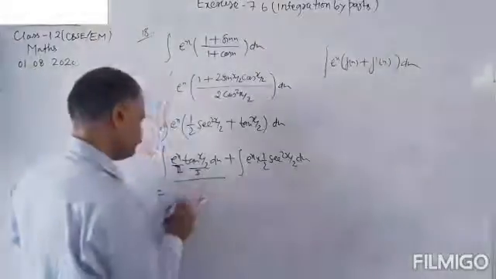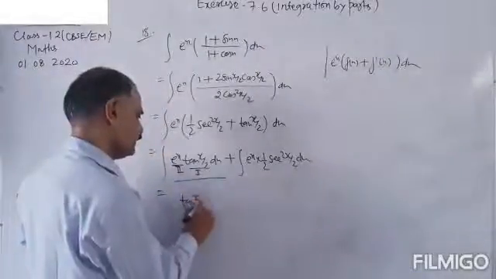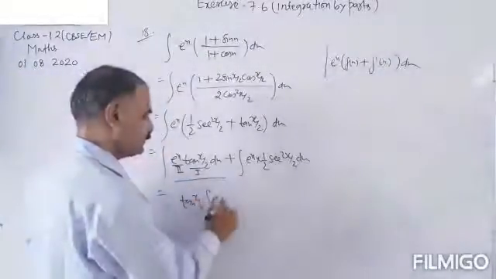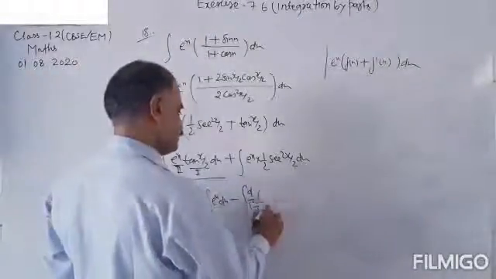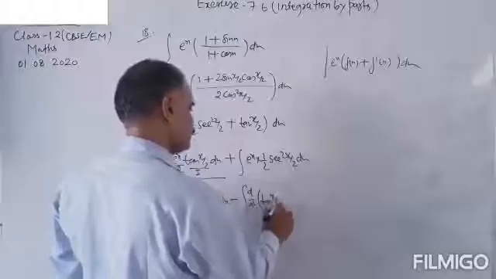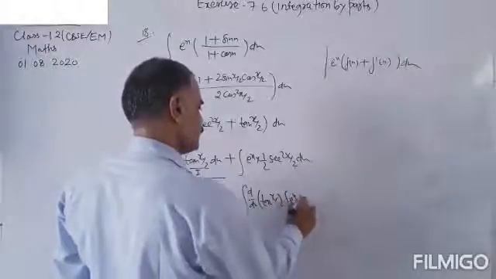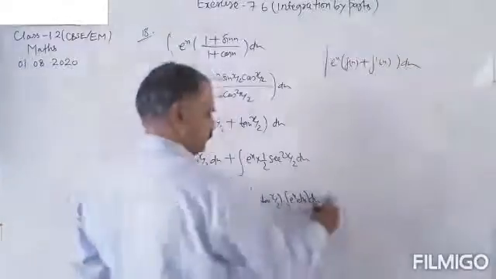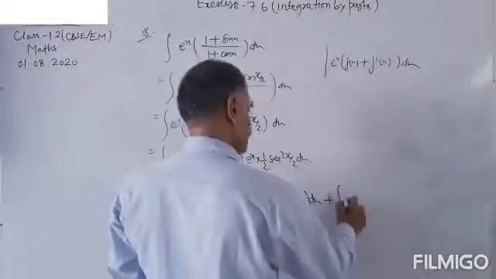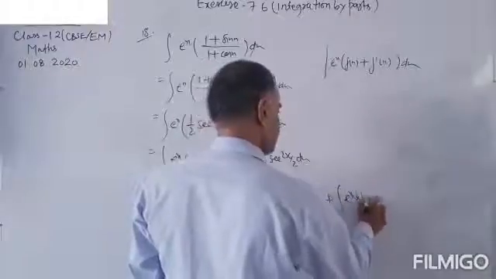So first function tan x by 2, integration of second function e to the power x dx, minus differentiation of the first function tan x by 2, integration of the second function e to the power x dx and integration of the product, plus e to the power x into 1 by 2 sec square x by 2 dx.